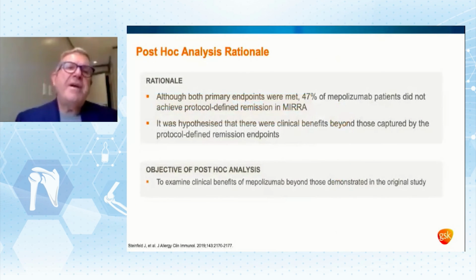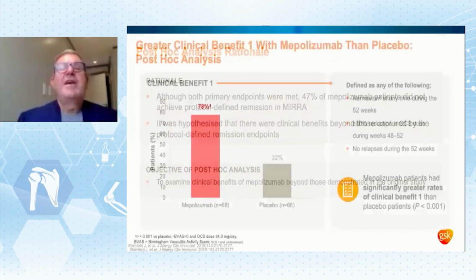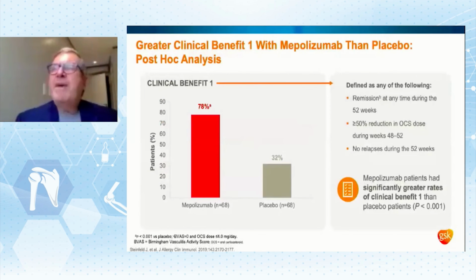There are some post hoc analyses of the studies to find out a little more beyond the main objectives. The clinical benefit was defined as remission at any time during 52 weeks, more than 50% reduction of the oral steroid dose, and no relapse for 52 weeks.